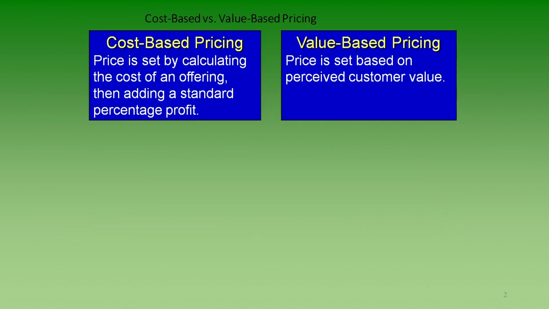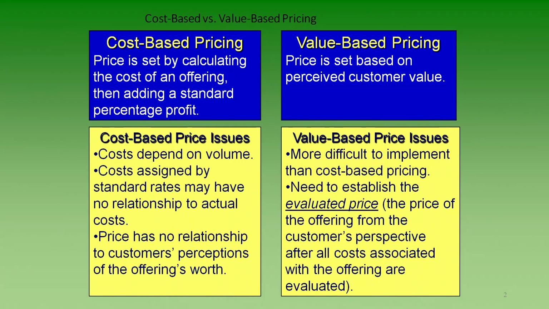Now, we have been discussing also cost based pricing versus value based pricing, and I am going to summarize what we have already discussed with some new points here. So, cost based pricing issues: costs depend on volume, because as the volumes go up, some of the items like the fixed costs etcetera get attributed to the per unit at a lower level.